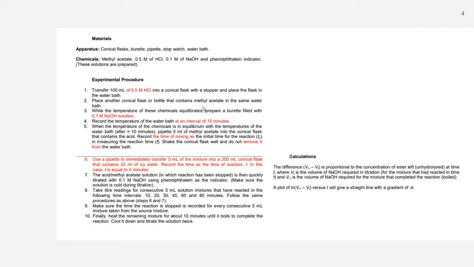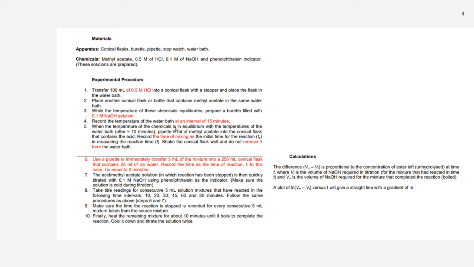While the temperature of these chemicals equilibrates, you can start preparing and filling up your burette with the NaOH. Now this is going to be a wet experiment where you need to use ice to stop the reaction. While the temperature equilibrates, you prepare that, and as I said, you want to make sure that the temperature of the water bath is constant throughout the experiment.